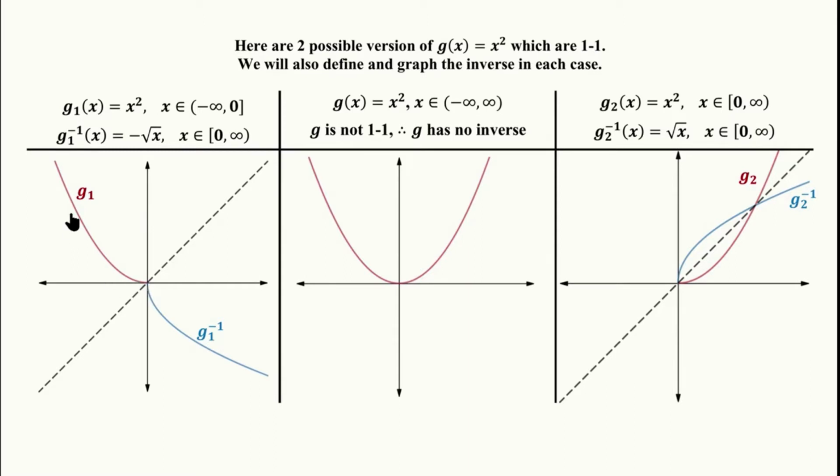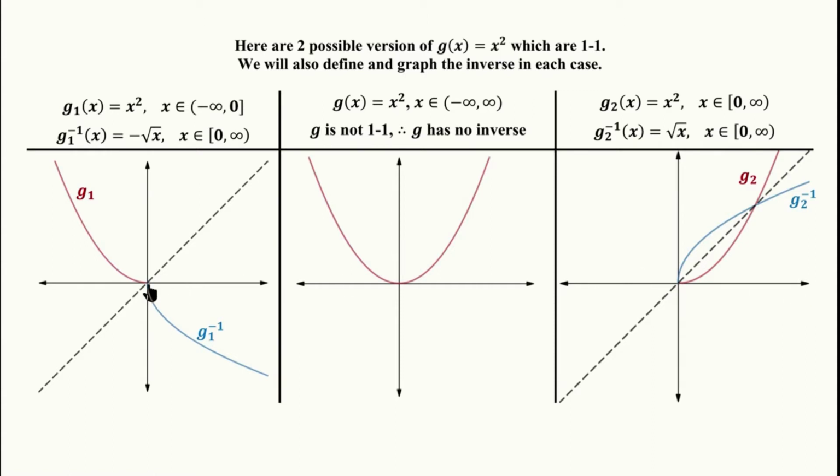Notice that with that restricted domain, it does get to have an inverse function, and this actually happens to be negative square root of x. In an algebra class, we've gone over this. You should probably know how to obtain it. But we could also restrict the domain by looking only at the non-negative numbers.